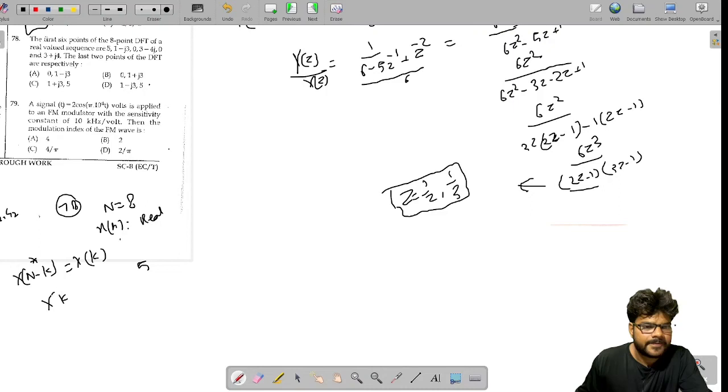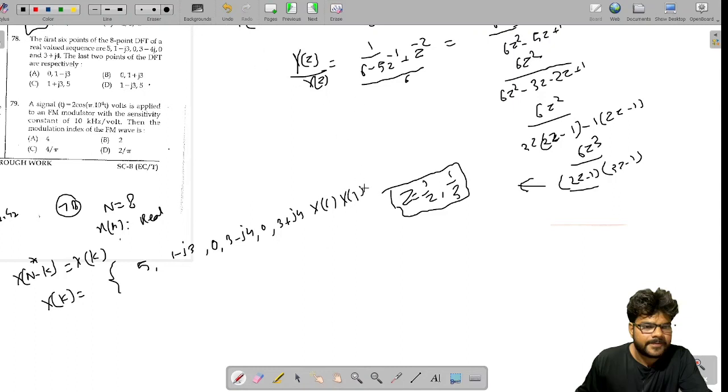So x of k we write 5, then 1 minus j3, then 0, then 3 minus j4, then 0, then 3 plus j4, and this is 0 1 2 3 4 5, this is going to be x of 6, x of 7.